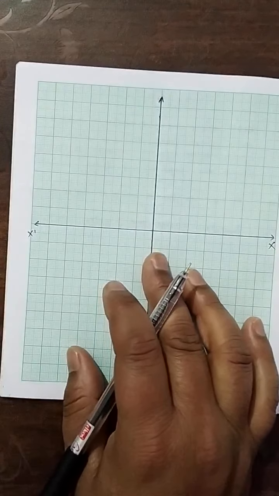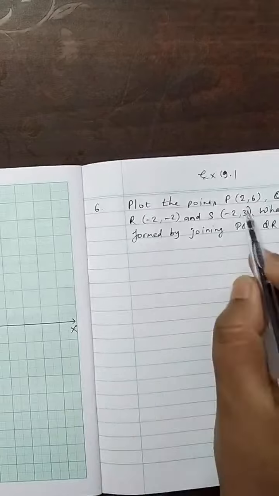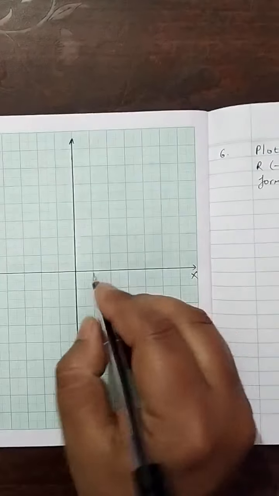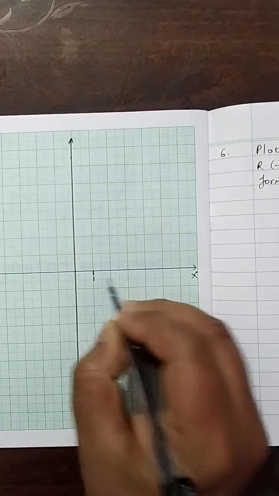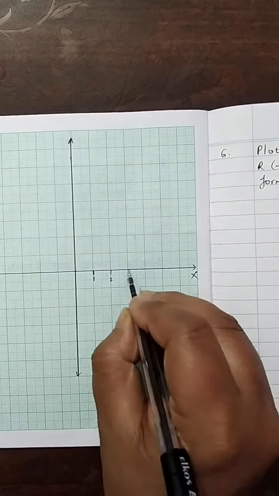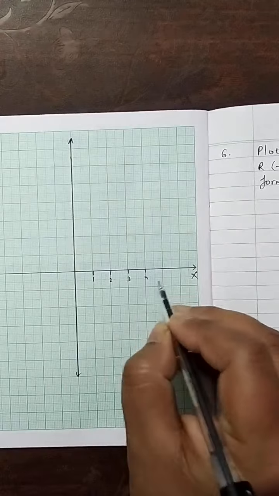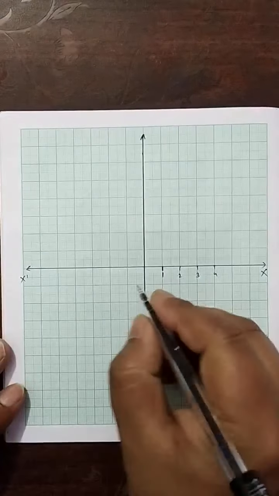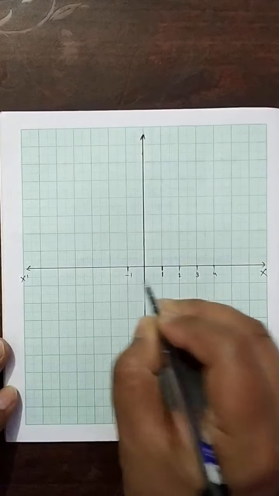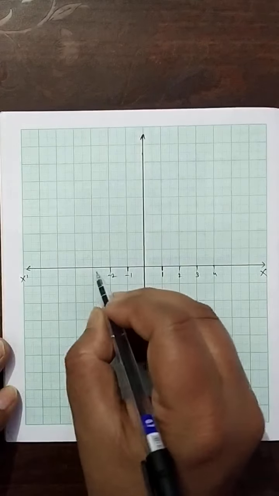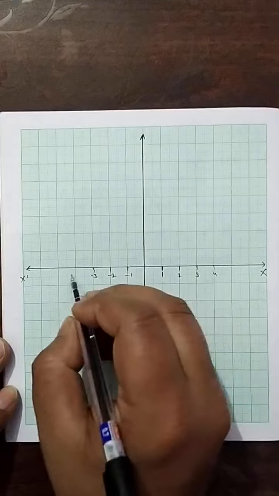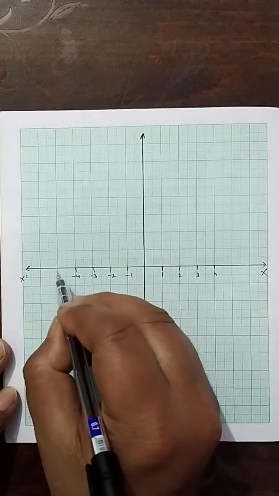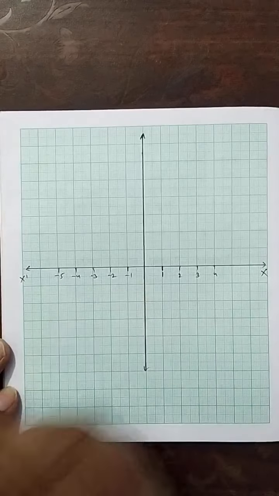Now our first point is 2 comma 6, P. This is 1, this is 2, 3, 4, and here the negative sides, -1, -2, -3, -4, -5.